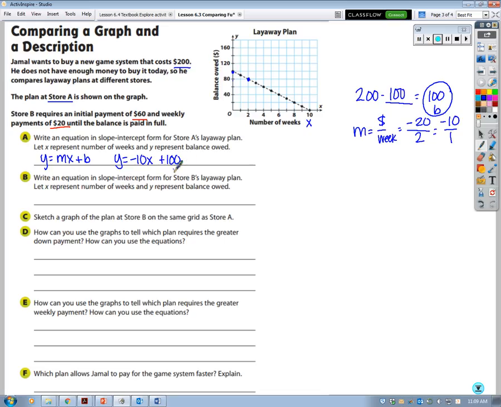And that's how it gets a little confusing, making sure that you have the right remaining balance. Here in B, we're going to do the same thing, and we've got to pull that information from our description.